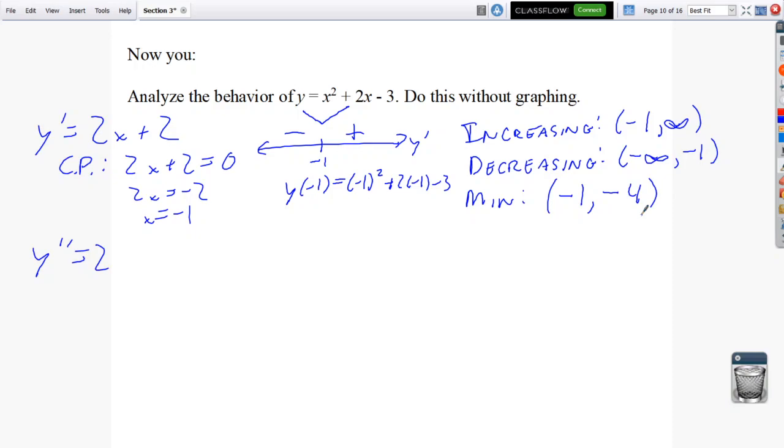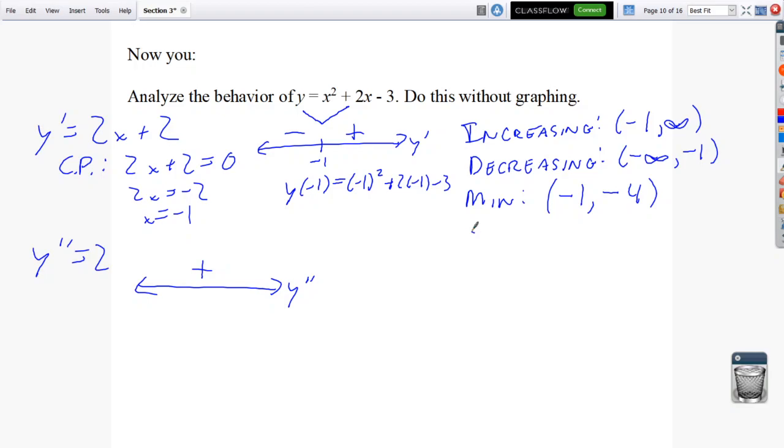Now I have to go on to my second derivative. I have no possible, and again, I haven't used this term officially with you yet, I have no points of inflection, so I'm just going to mark down the sign of my second derivative here. And the sign of my second derivative, well, 2. Is it positive or negative? It's positive.